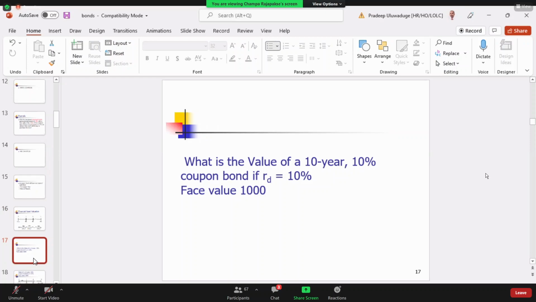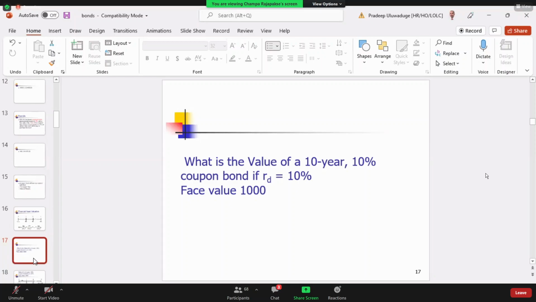Interest is always calculated on the face value. So face value 1,000 rupees, 10% coupon will give you 100 rupees. So 100 rupees each year for 10 years, and at the end of the 10th year, you will receive the face value of 1,000 rupees.